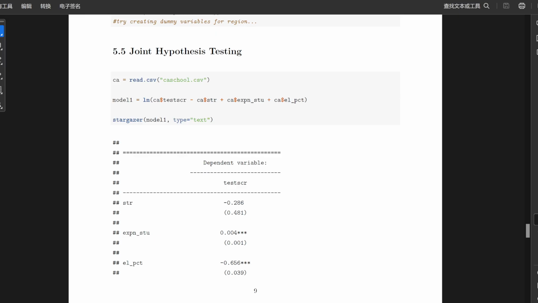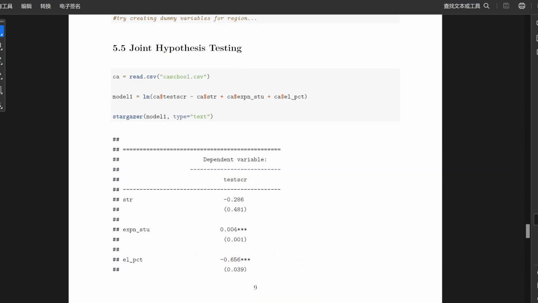Here we load our California schools data, and we regress the student test score on the student-teacher ratio, expenditure per student, and the percentage of English learners.